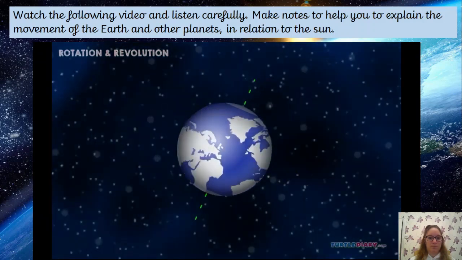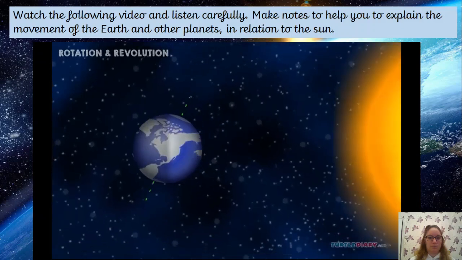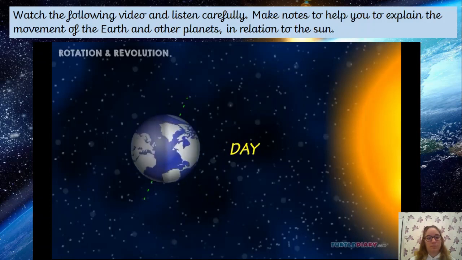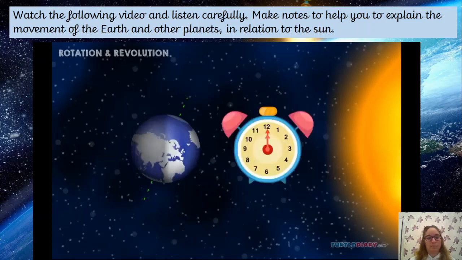As it spins, one side of it faces the sun. The other side faces away from the sun. When we're facing the sun, we have light. We call it day. When we face away from the sun, we don't have the sun's light. We call it night. It takes 24 hours for the Earth to rotate once.